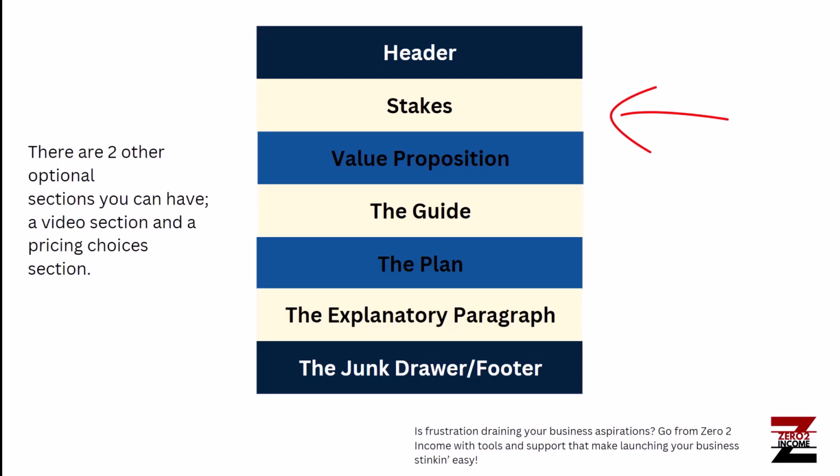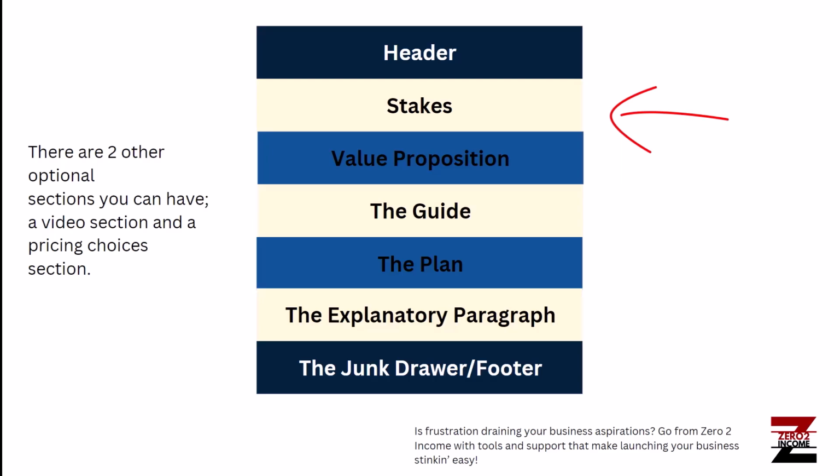So the next one after the header is the stakes, and we'll go into that in a future video, but that's going through what is going to happen if your customers do not buy your product or your service. What is it that they're going to be missing out on? What pain are they going to have to continue to deal with if they don't purchase your product?